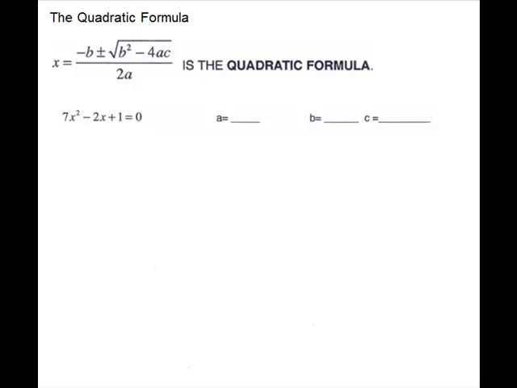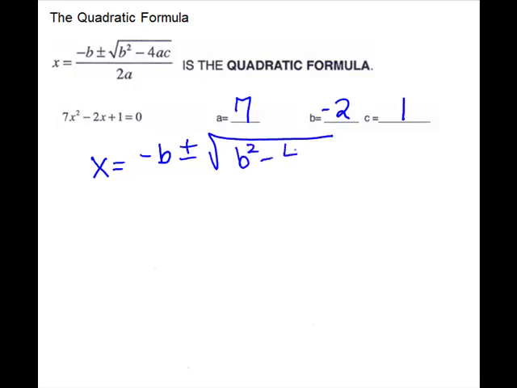For our next problem, we are in standard form. We have the 0. We have a quadratic equation. We will pick off the coefficients. 7 is the a. Negative 2 is the b. And our c is 1. So x is equal to negative b plus or minus the square root of b squared minus 4ac all over 2a.